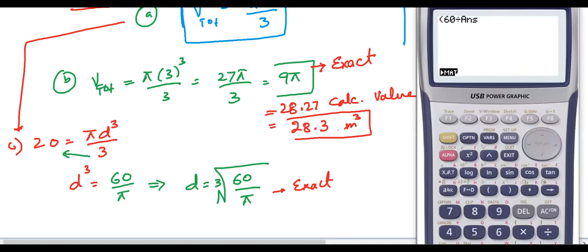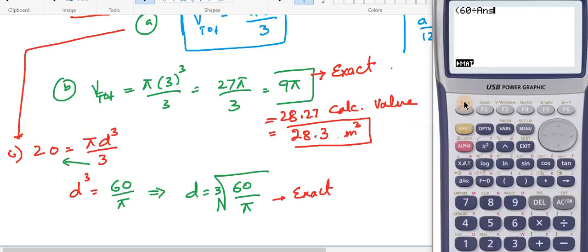So this is 60 divided by pi. This is with the shift button in my calculator.